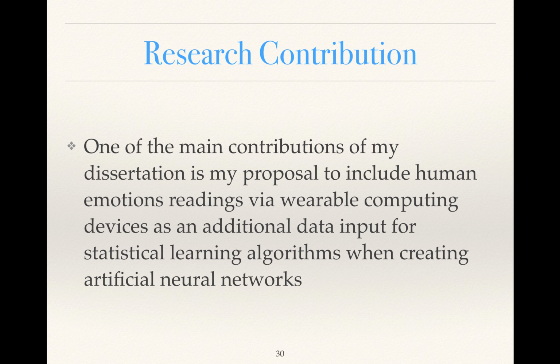And of course, going back to my research, which is more specifically in regards to web search, this could be part of the industry design, where through wearable computing you're able to read different dimensions of emotions. You add this additional data input, and you can have the neural networks learn and address these issues from a more holistic point of view.